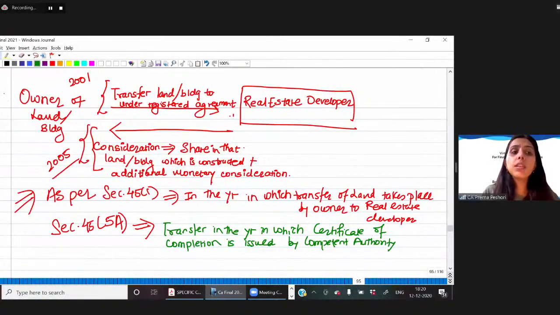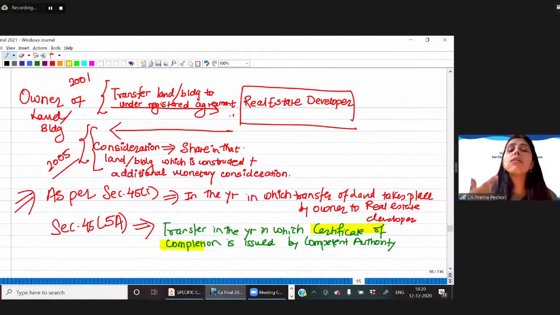Are you getting this one? So did you understand why completion certificate date is taken under 45(5)(a)? 45(5)(a) is a specific charging section. It overrides the general charging section. It says the taxability would happen in the year in which certificate of completion is issued by the competent authority.